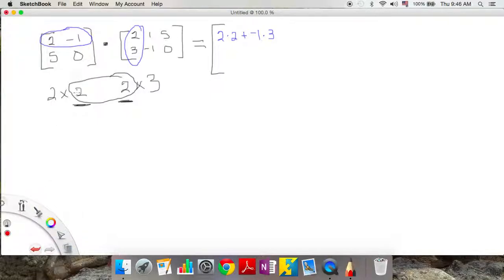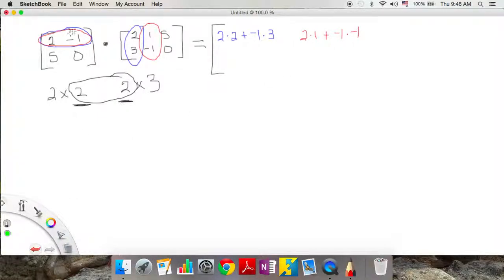Then if we look at the next column on the same row, we have row and column, and we multiply. We have 2 times 1 plus -1 times -1.